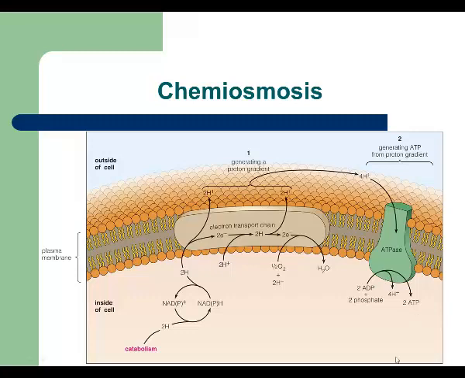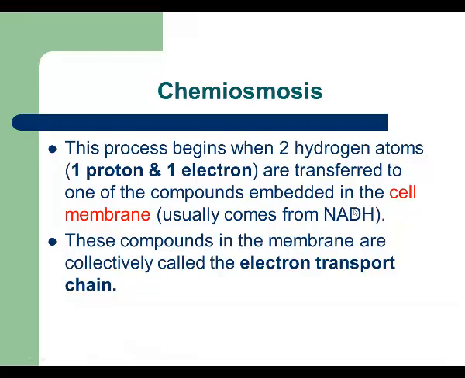Let's repeat it once again. Chemiosmosis begins when two hydrogen atoms, remember each hydrogen atom is composed of one proton and one electron, are transferred to the electron transport chain.